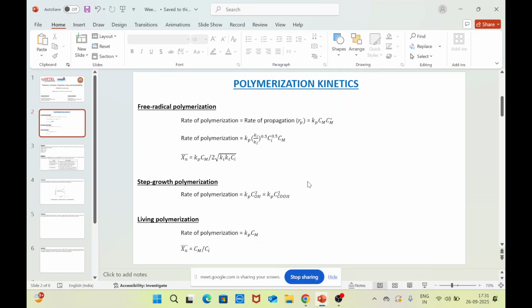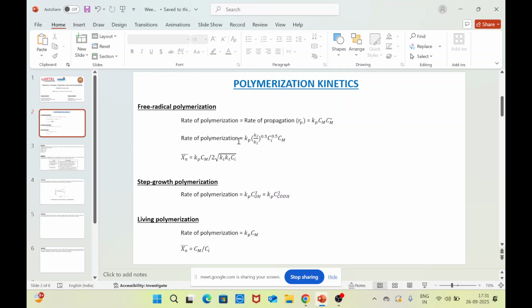So based on this rate of polymerization, we can calculate the value of number average molecular weight, which is typically represented as xn bar, equal to kp times cm by 2 root over ki kt ci.